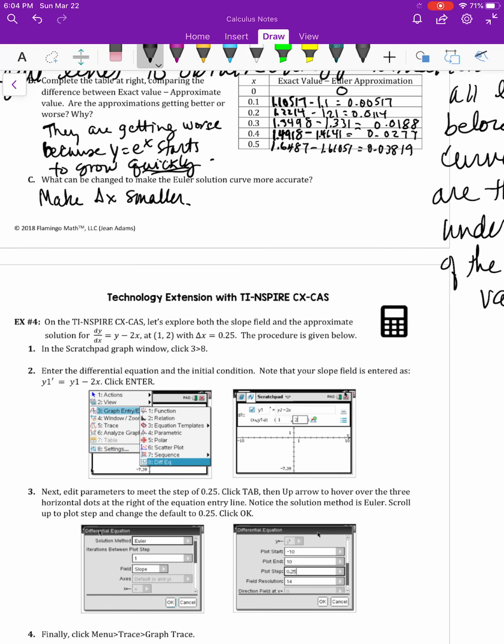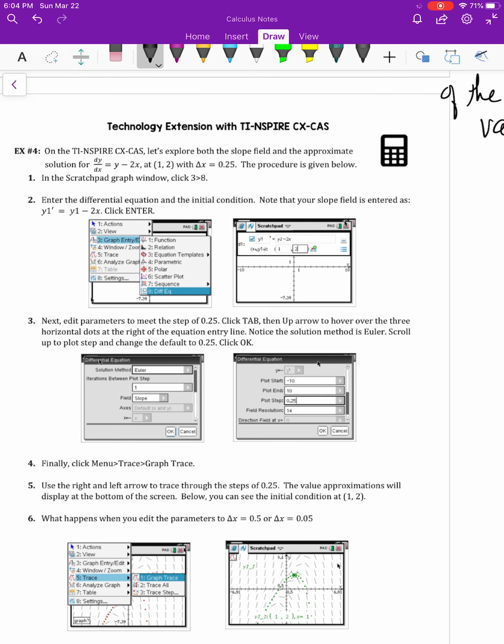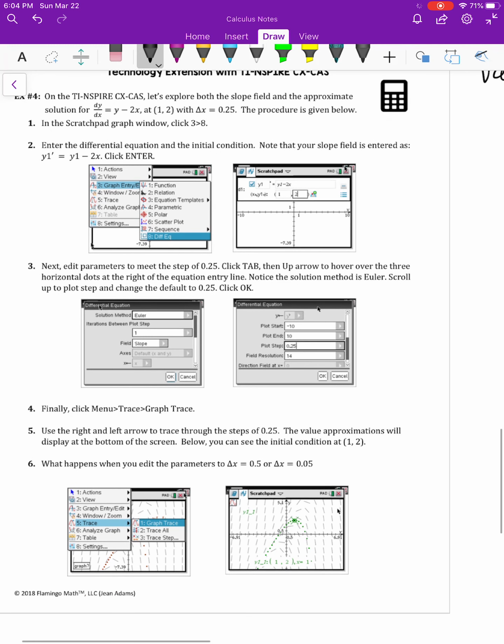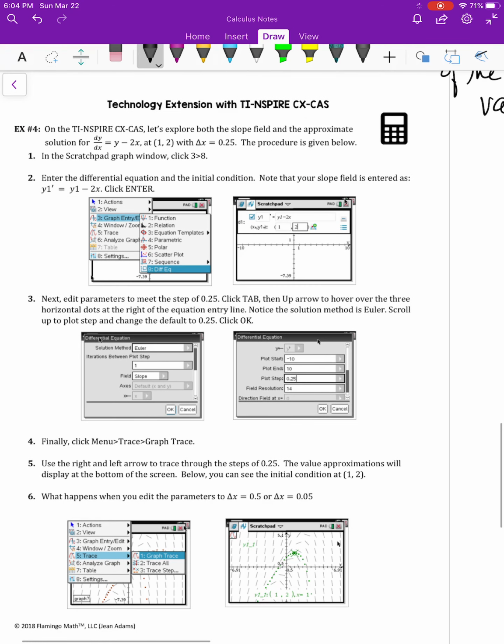Now, this last page of your notes shows you a way to see a slope field. Sorry, I was trying to think of the word. It shows you a slope field, and it shows you the solution to a differential equation. It shows you how to do it on the Inspire CAS, which I have, and the one I have on the computer here is an Inspire CAS.